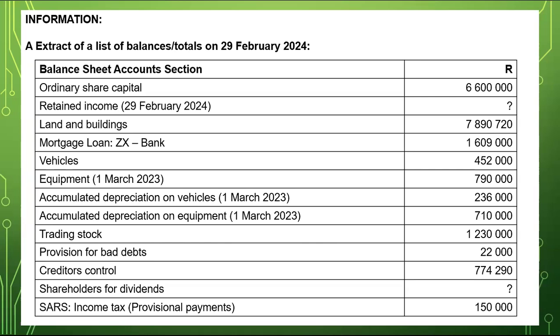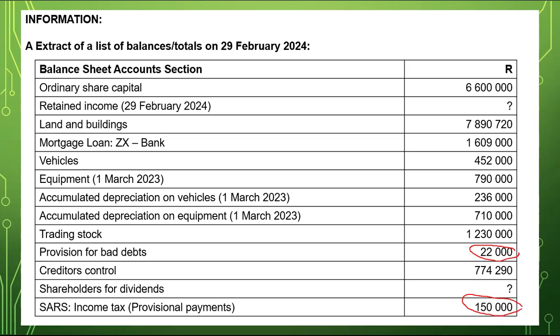So what type of information would you need from the financial position? This you will need for the provision for bad debts adjustment. This one you will need when you calculate your income tax because it represents your provisional payments. So we need to make sure that provisional payments don't actually exceed your income tax.